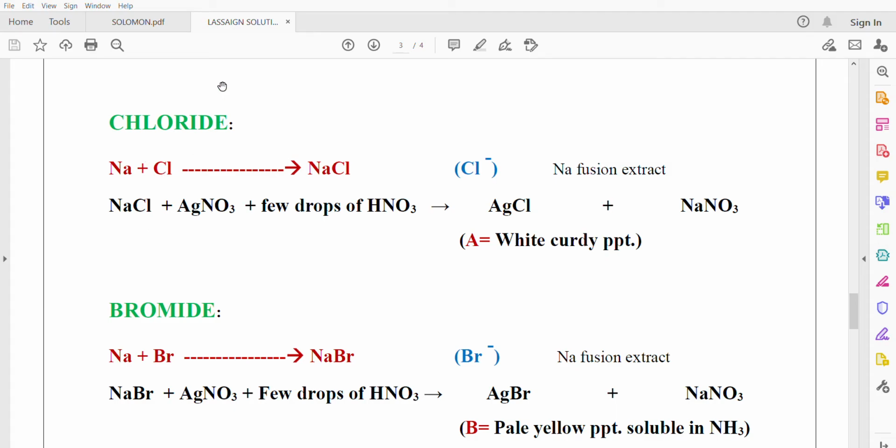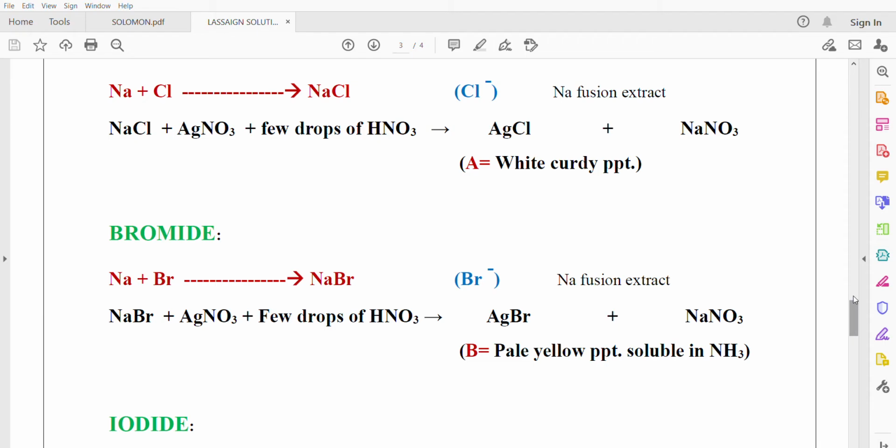During preparation of Lassaigne solution, sodium chloride is present in that solution. On introducing silver nitrate and adding a few drops, one or two, of nitric acid, you will get white curdy precipitates, emulsion like curd.